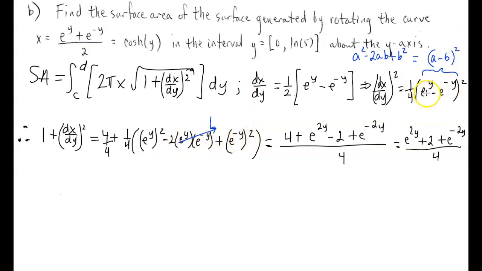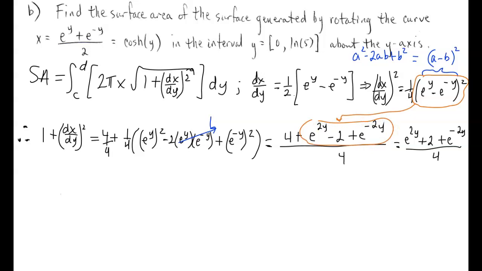Remember, all that was just e raised to the y minus e raised to the negative y quantity squared. Okay? And basically what I'm trying to get at is, I'll circle this, all of this is the same thing as all of this.